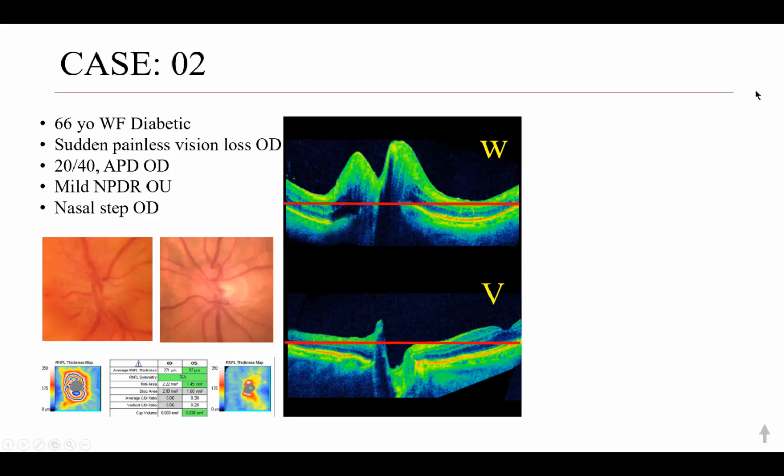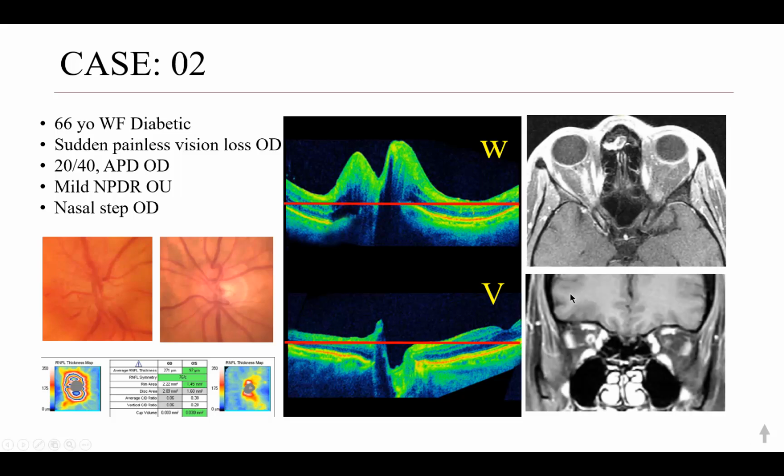Now, I did say that W shapes can occur in ischemic optic neuropathy, but it's rare. Much more common in patients with papilledema and meningiomas. We got an MRI, and it showed that this patient had a meningioma.